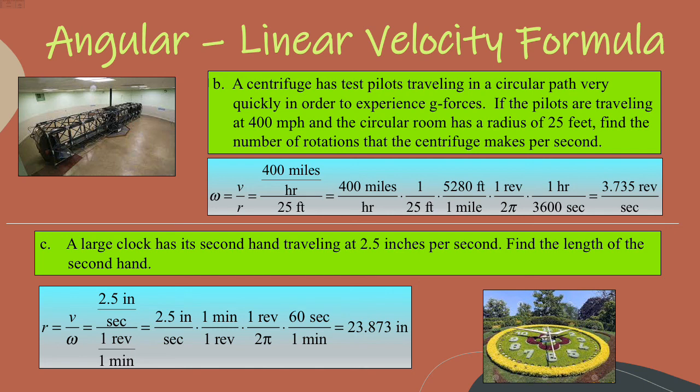We then take care of the revolution problem, and we multiply by 1 revolution over 2 pi. Taking care of the time units, we multiply by 60 seconds over 1 minute, and everything cancels out except the inches. So our answer is 23.873 inches.